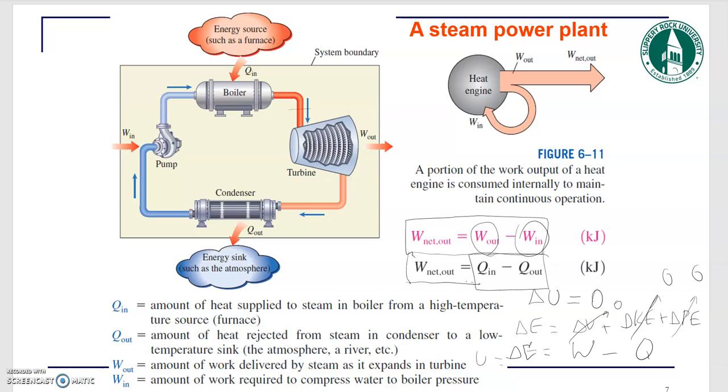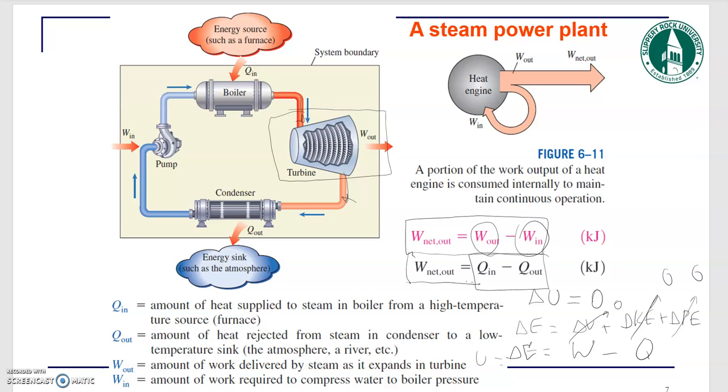Now, one important point is that your system boundary is the whole system, right? So if you only consider the turbine, that turbine is an open system because mass is coming in and mass is leaving your system, right? And you need to write the first law of thermodynamics for this specific system as an open system. However, if you consider the boiler, the turbine, the condenser, and the pump as one single system, then there is no mass transfer, and that's a closed system.